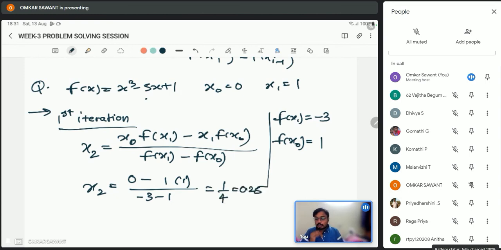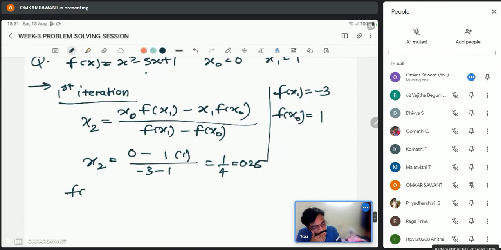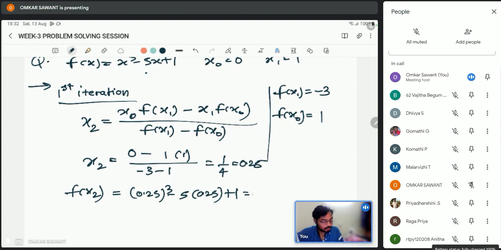You got x2. Now find the corresponding function value: 0.25 cube minus 5 into 0.25 plus 1. What will be the value? Can anyone calculate?